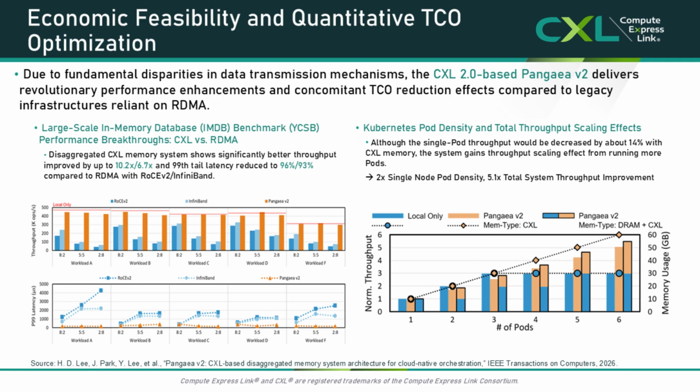Due to the fundamental disparities in the data transmission mechanisms, the CXL 2.0 based Pangea architecture delivers revolutionary performance enhancement and TCO reduction compared to legacy infrastructure reliant on RDMA.